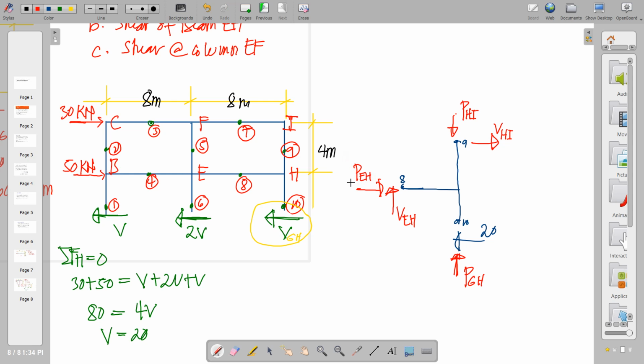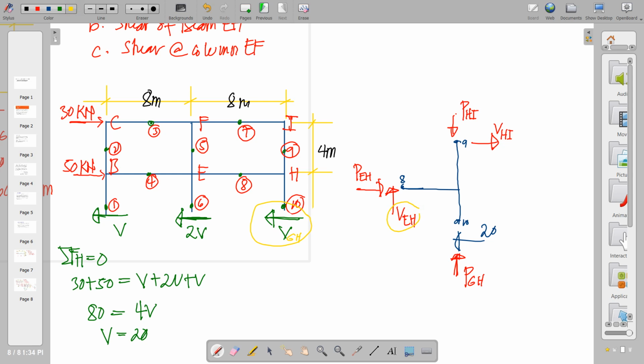Remember that P is denoted as axial force and V is denoted as the shear force. Okay, so what we know here is 20. So we need to get the value of the shear at EH.